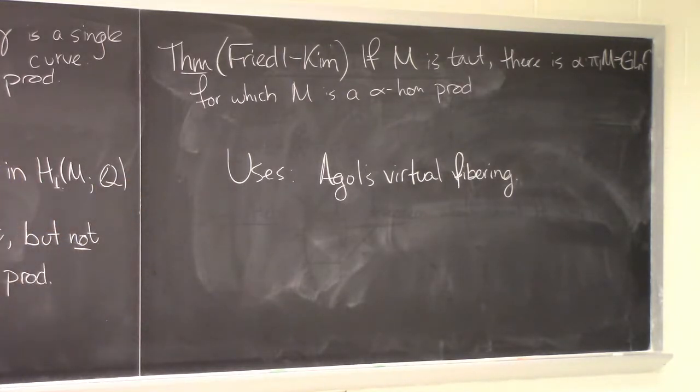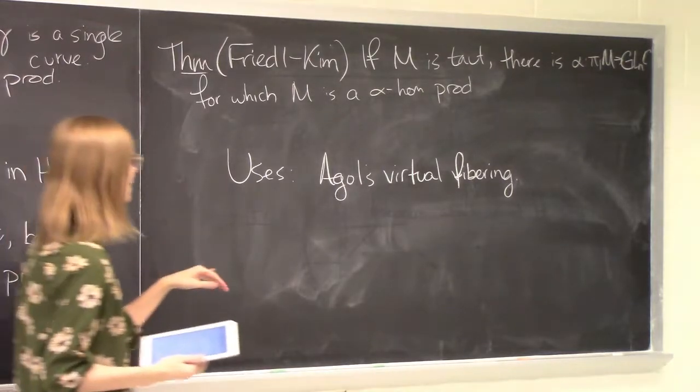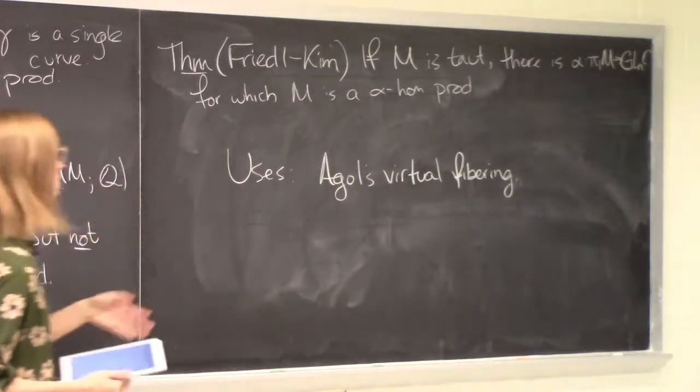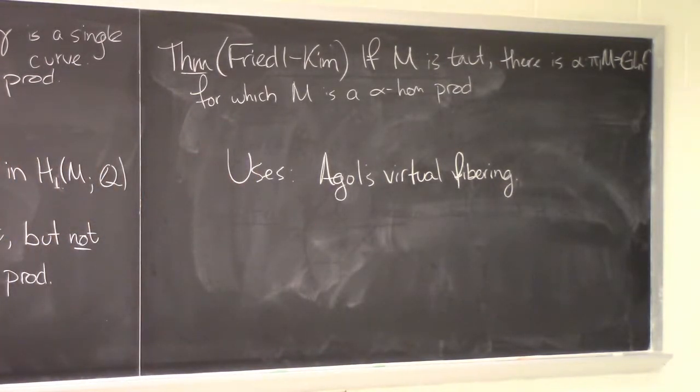And when you induce that down, that's blowing up the dimension of your representation. And so the dimension you need is intimately tied to the degree of your virtually fibered cover.